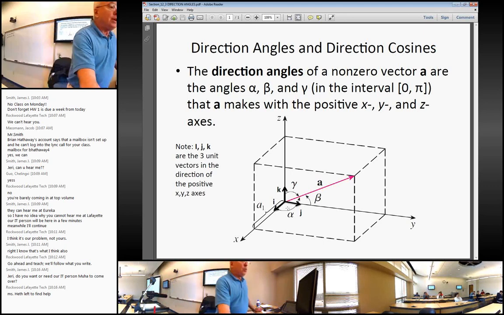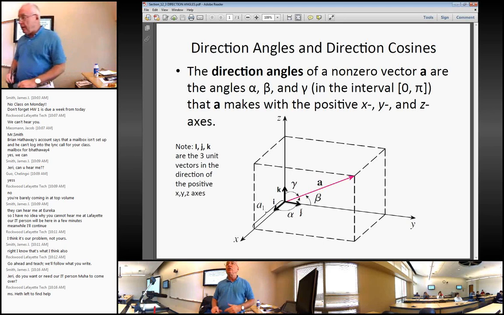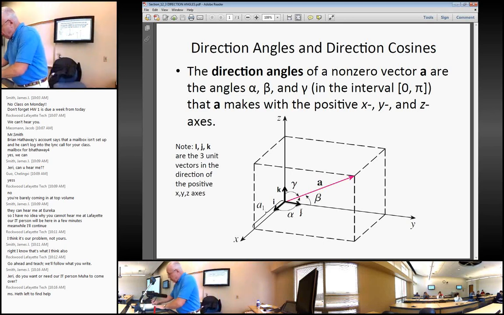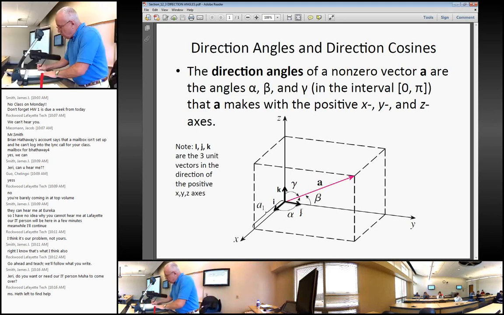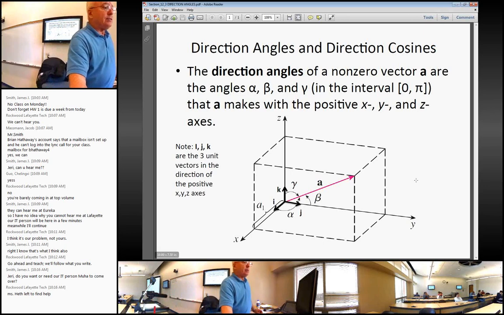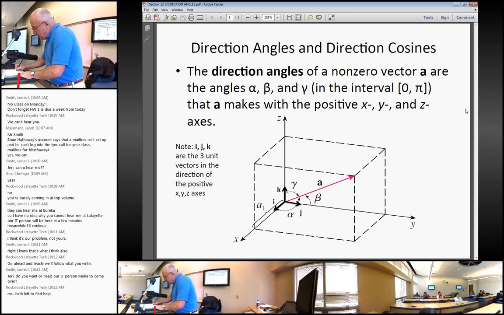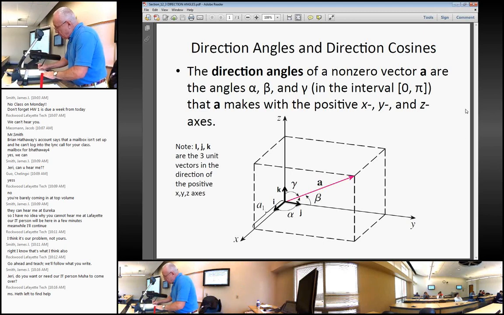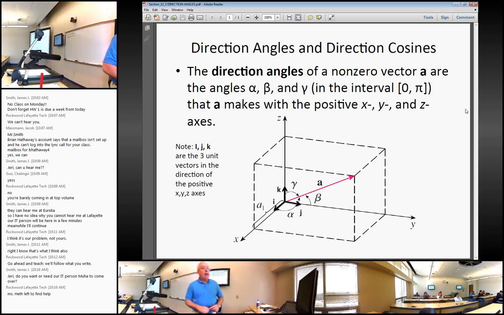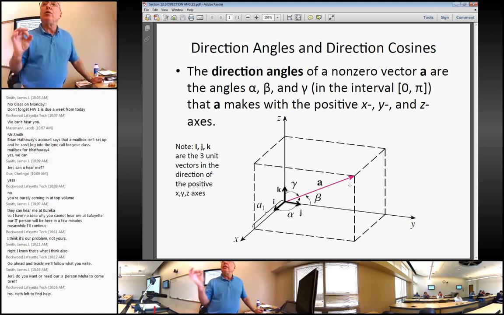Then the one going in the positive y direction, that's our unit vector j, which is 0, 1, 0. And then the one going up in the positive z direction is our k, and that's 0, 0, 1. And therefore, our vector here makes angles with each of those three unit vectors, all right?